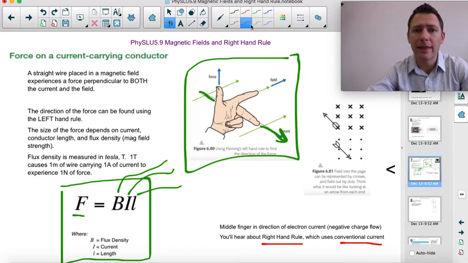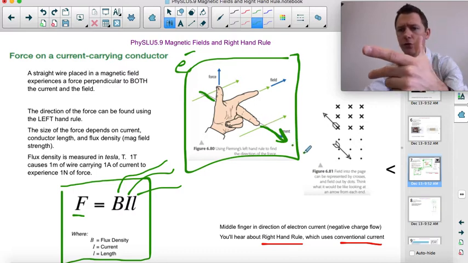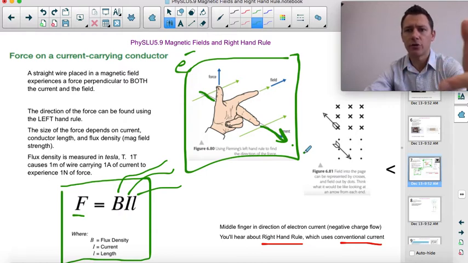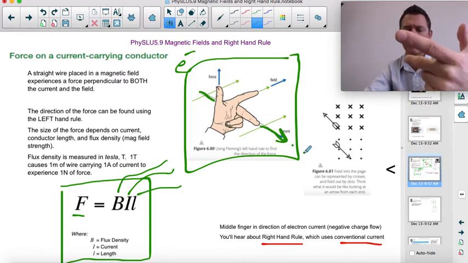So with left-hand rule, we're talking about the direction of electron motion. So this is the way the electrons are marching. Use your left hand, that's your middle finger, this finger. Your index finger is which way the field is pointing, and the thumb shows you which way the force is. So you can see people start flashing these physics gang signs when they're looking at which way the force is going to go.